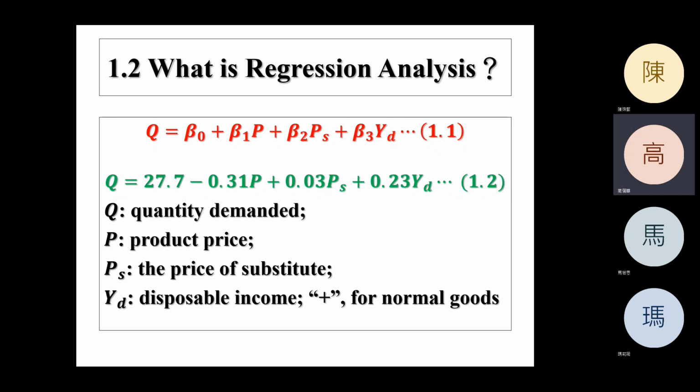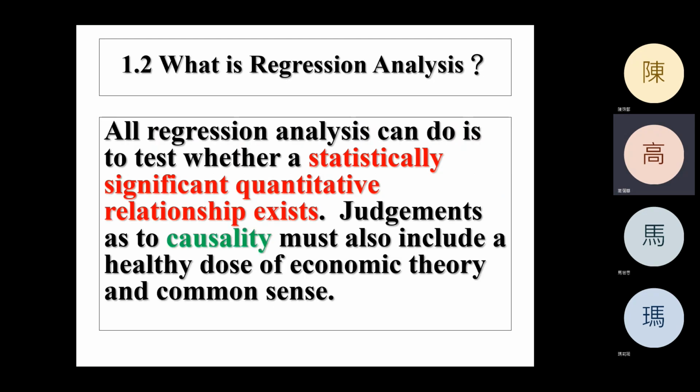But remember, this is the statistical hypothesis testing, the second usage of econometrics. We want to know whether a statistically significant relationship exists, and this relationship is quantitative, it's numbers instead of anything else.